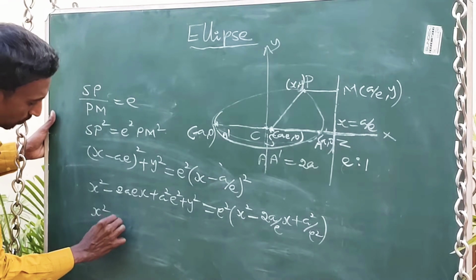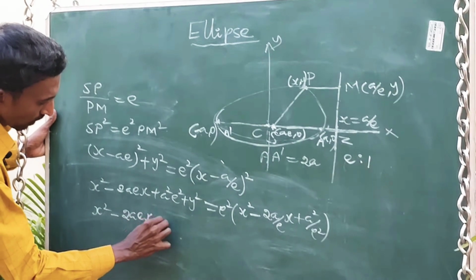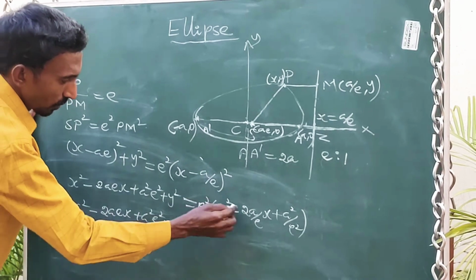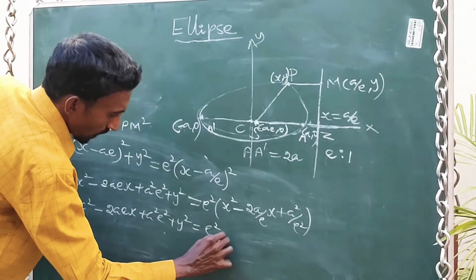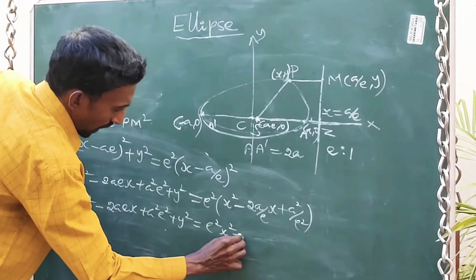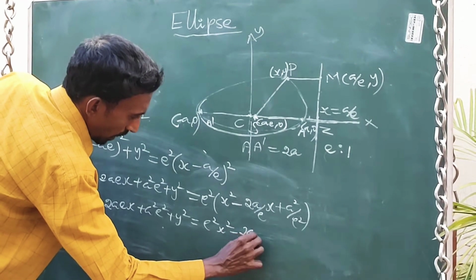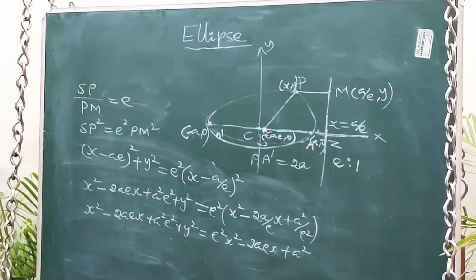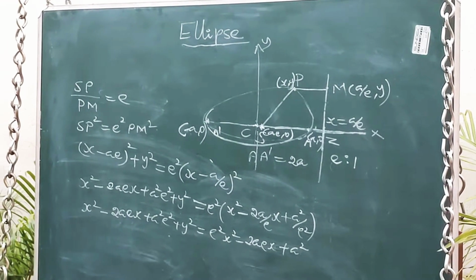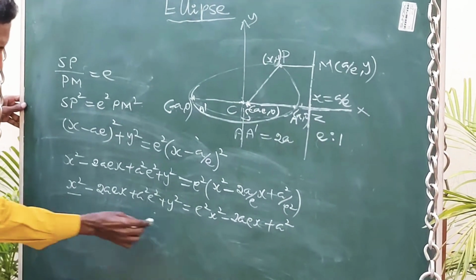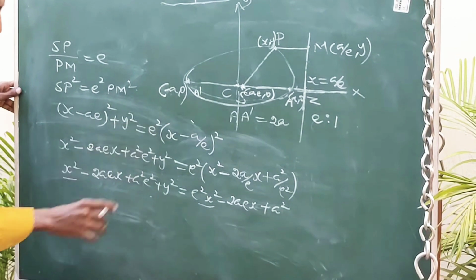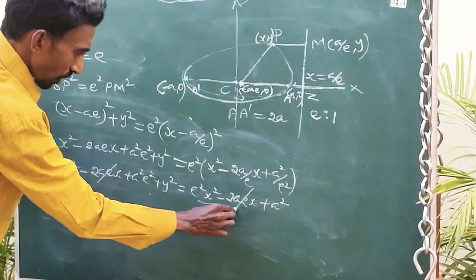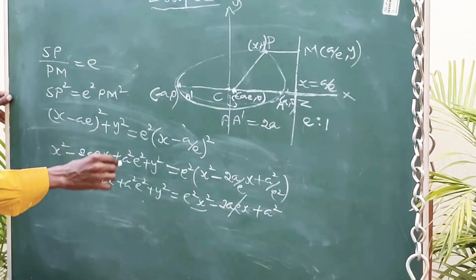So x square minus 2aex plus a square e square plus y square equal to, multiply inside, so e square x square minus 2aex plus a square. Just combine the similar terms in the x square term and x term, just combine the values. So here minus cancels, combine the remaining terms.